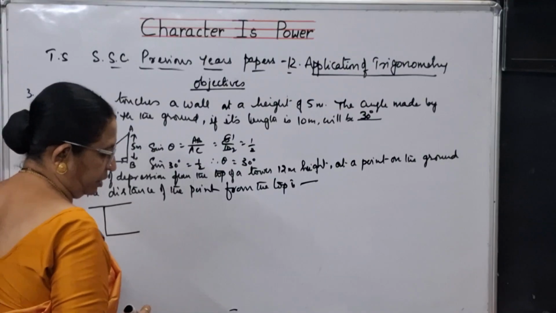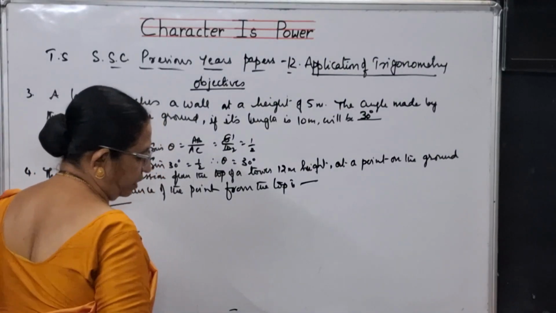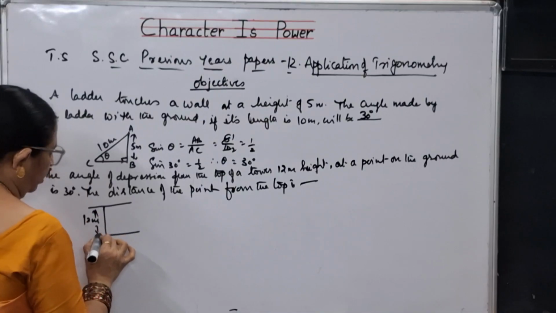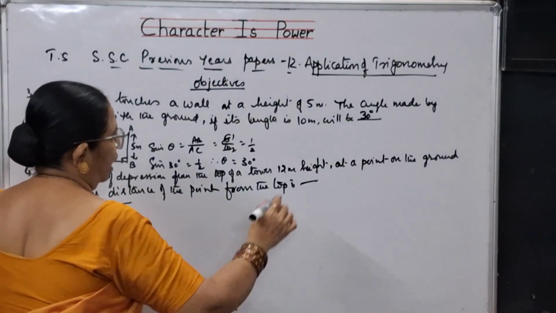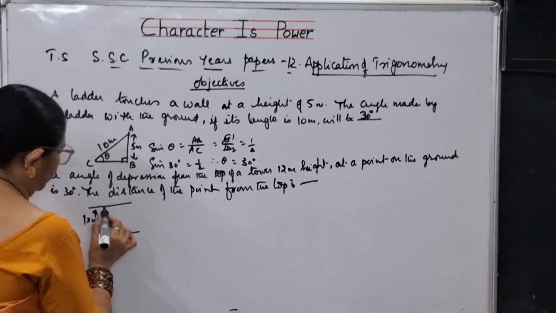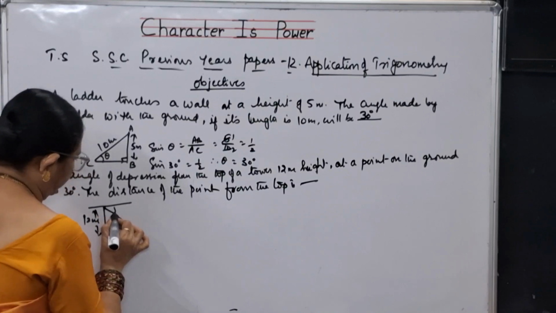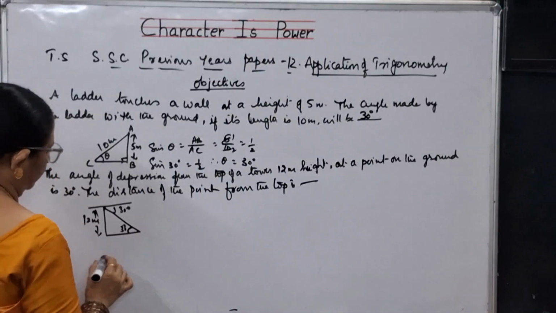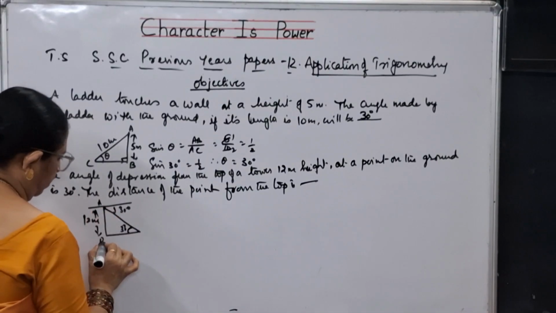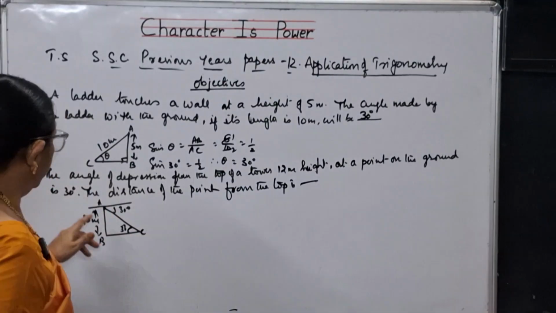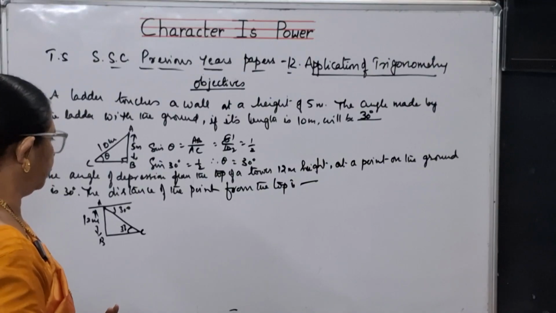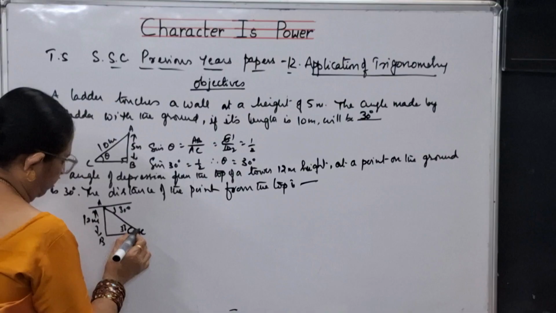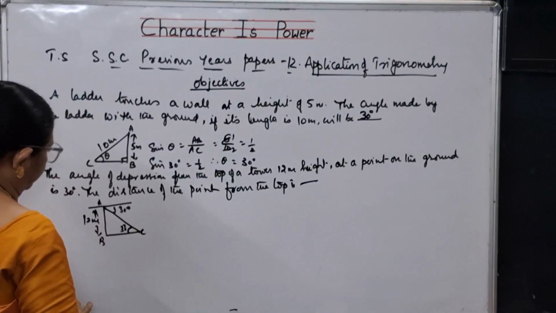There is a tower. The angle of depression from the top of a tower 12 meters high, the tower height is 12 meters, at a point on the ground is 30 degrees. So this is a point, this is 30 degrees. That means this is 30 degrees. Let me consider this as ABC. The question is, the distance of the point from the top, from here to here, they are asking.